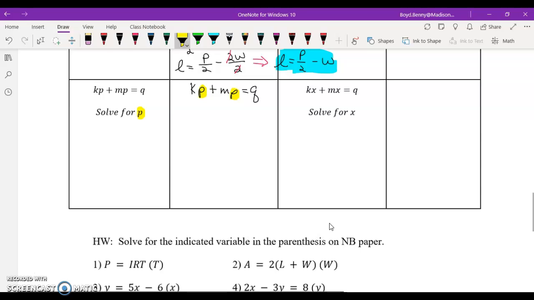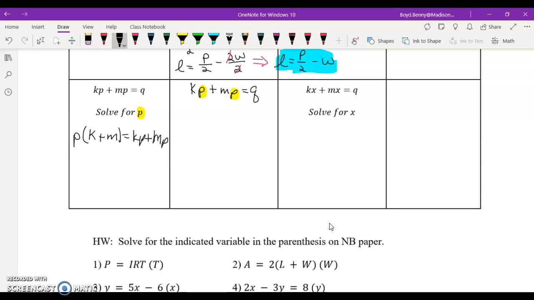Well, if you'll remember from previously, that expression actually came from multiplying p times k plus m equals kp plus mp.